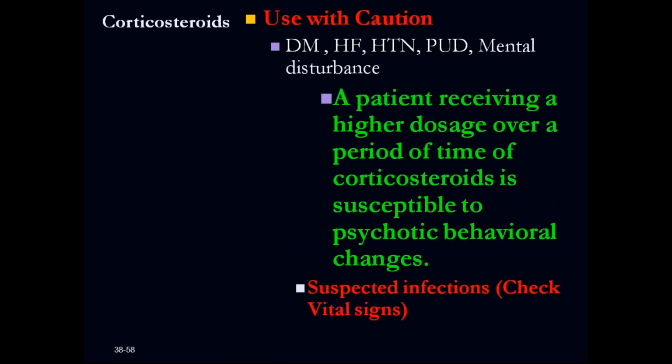Okay, so a patient receiving a higher dose of corticosteroids over a period of time is susceptible to psychotic behavioral changes. If you receive hydrocortisone, for example, in asthma attacks or crisis, we give the patient about four intramuscular injections of hydrocortisone, 20 milligrams at a time, four times a day.